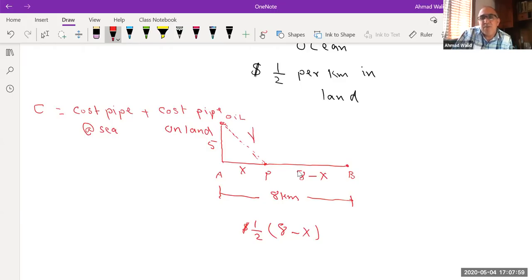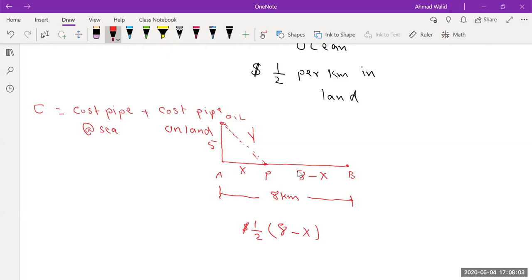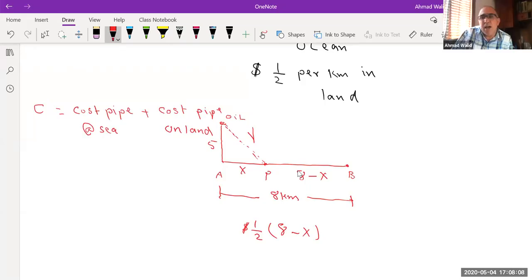The square root of? In a right triangle, this side equals the square root of the sum of the squares of the legs, right? It means the square root of x squared plus 25. That is the pipe at sea.